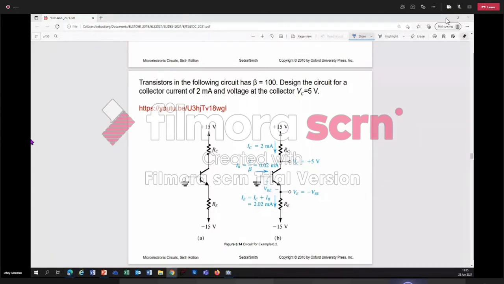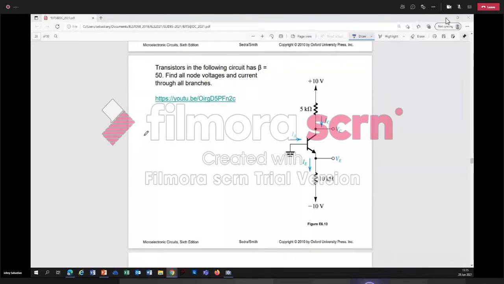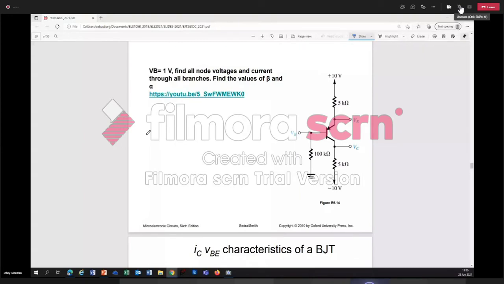This problem has no number. This is slide number 27. So I think we did go through it. Yes, we did. What about this one? This one as well, I believe. Yes, we did it last week.